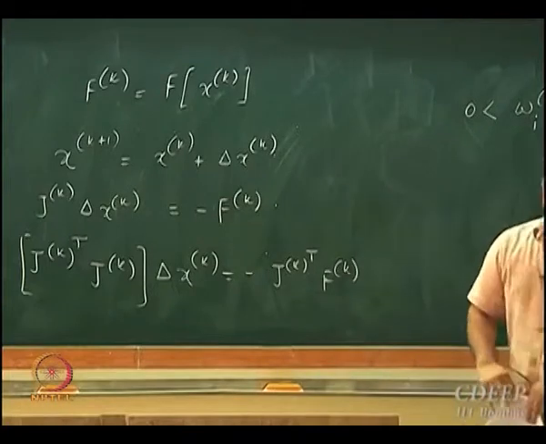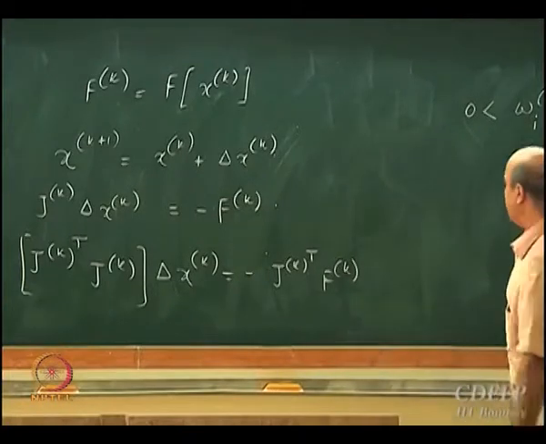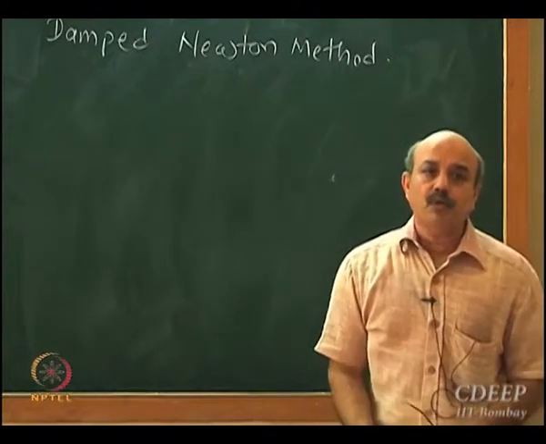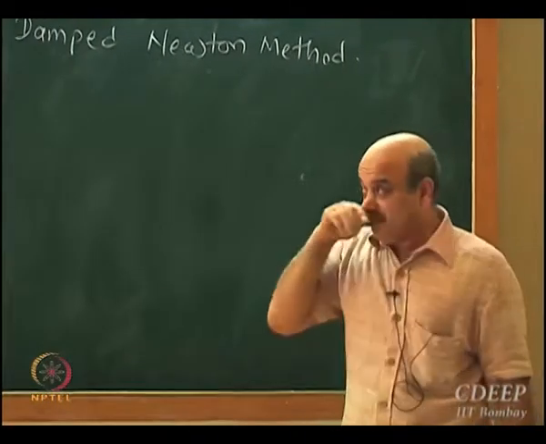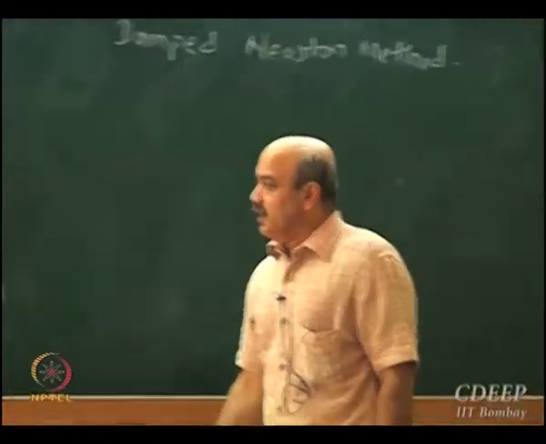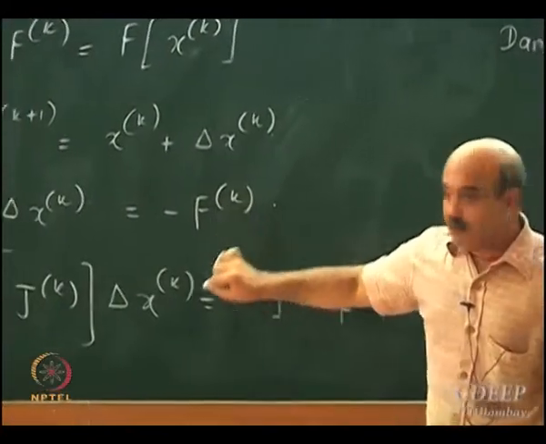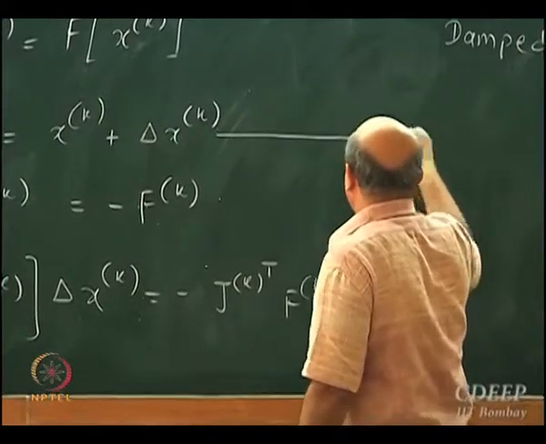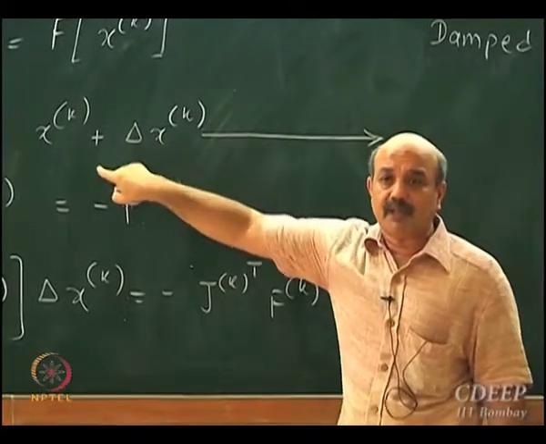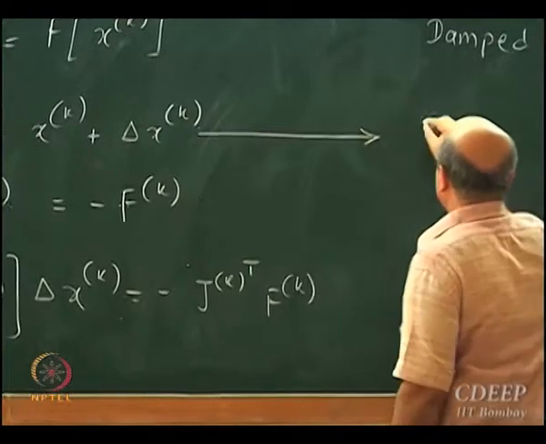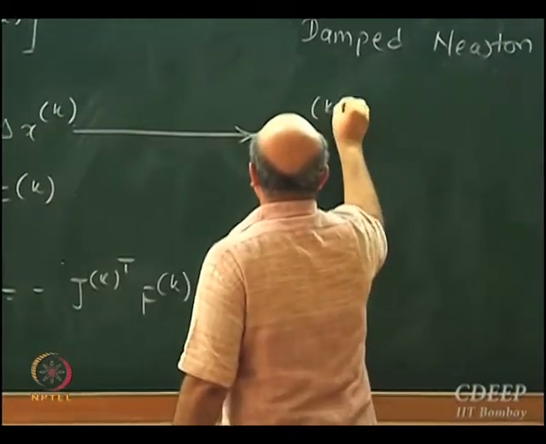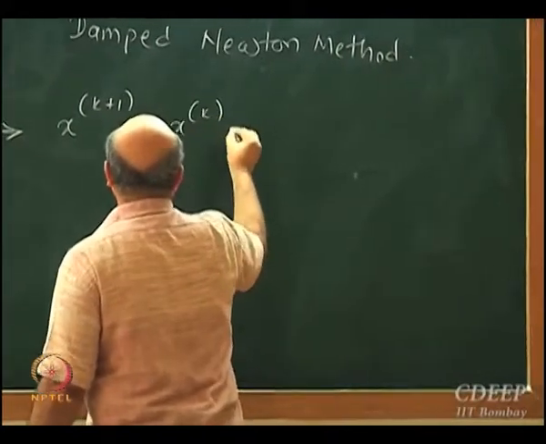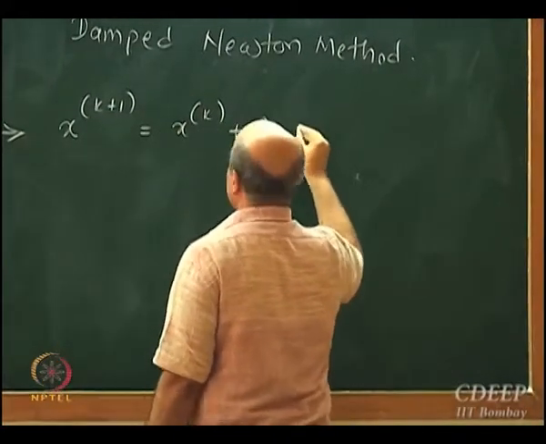This is called the damped Newton method, okay. So one modification I told you is this. Another modification is we change this particular equation, we modify it to x k plus 1 is equal to xk plus lambda times delta xk.